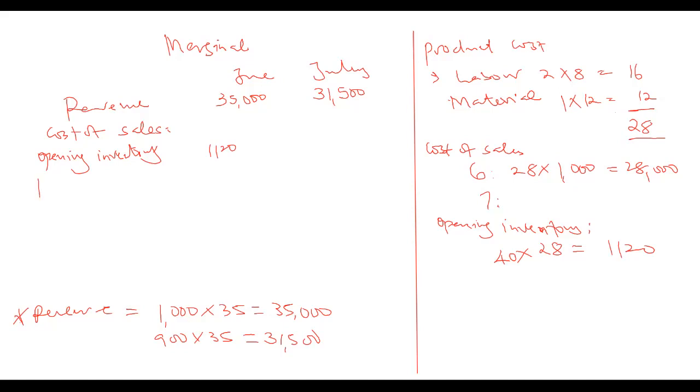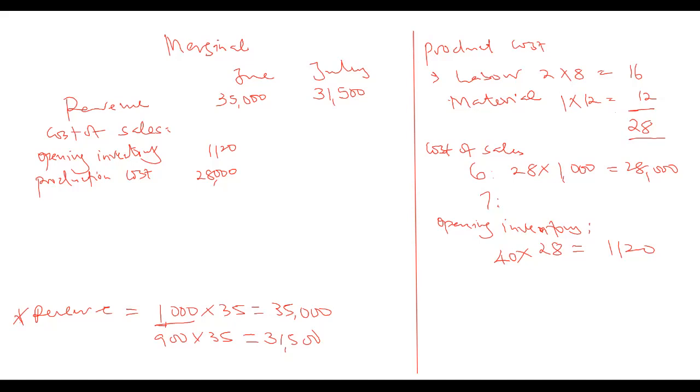Production cost is 28,000 each month. The company made 1,000, sold 1,000, and had 40 at the beginning.